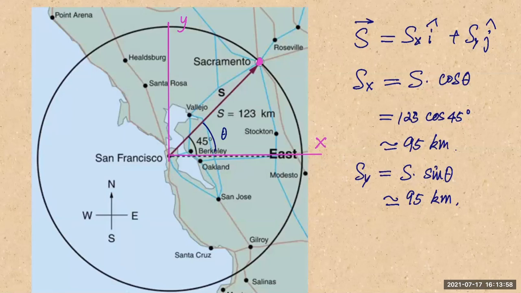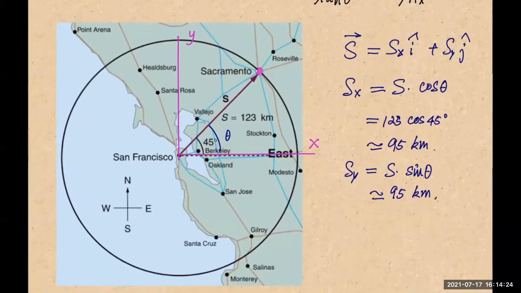You know what that means? It means that if I start from San Francisco and move east by 95 kilometers and then turn north, and move north by also 95 kilometers, guess where I end up? I will end up at Sacramento. Okay, so this is an example of how to express the position of a vector in terms of components.